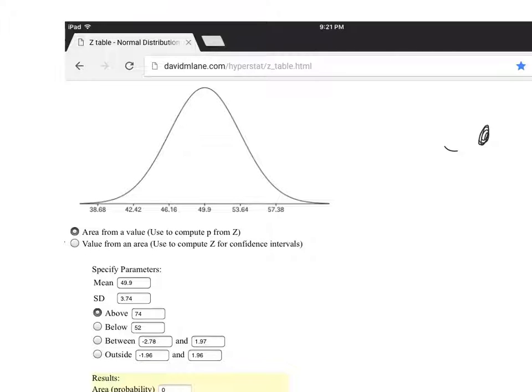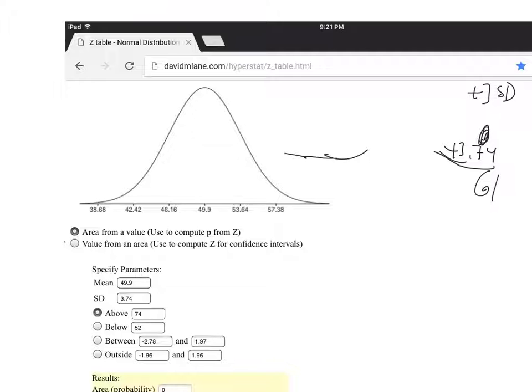I hope you remember that we're just adding the standard deviation, right? I'm going to add 3.74 to the last one, and on this side we subtracted it. So anyway, what's the probability? Well, that last number, the plus 3 standard deviations, will be around 60, 61.